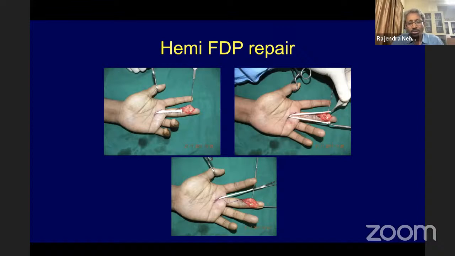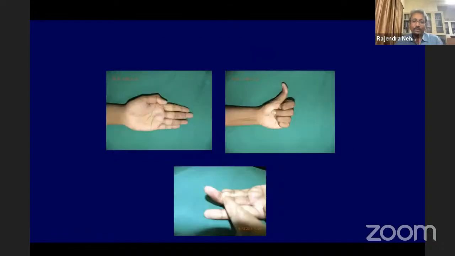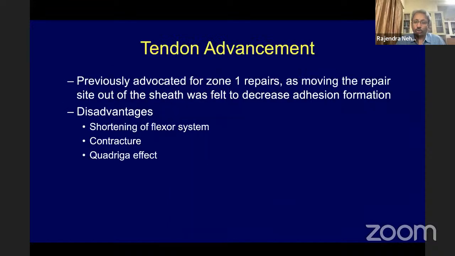So what I do is a hemi FDP repair. I will divide the FDP into two, discard one slip and pass one slip in the flexor sheath by a railroading technique and insert it. And this is his result, but still you will find it doesn't have full motion. This is one surgery which many times will not yield an absolutely normal result.